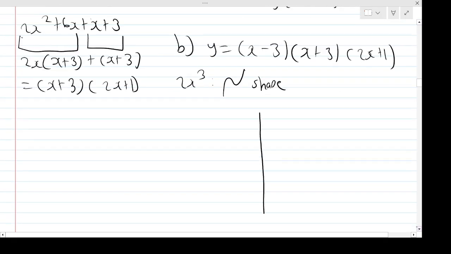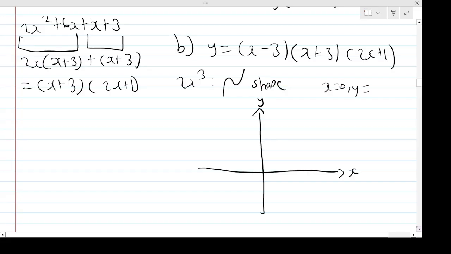So if we draw our axes then. And then, well, what are the key details? Well, it's going to be where it intersects the x-axis and the y-axis. Well, firstly, the y-axis is the easy one. That's when x is 0.